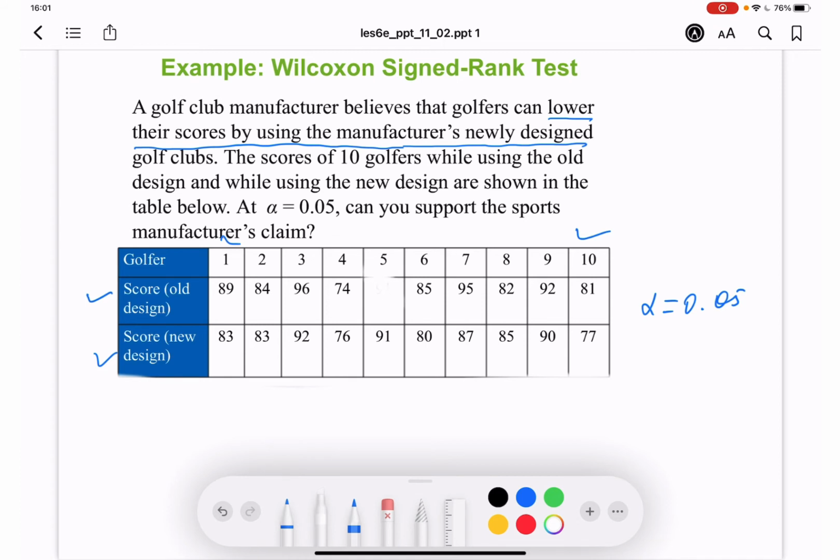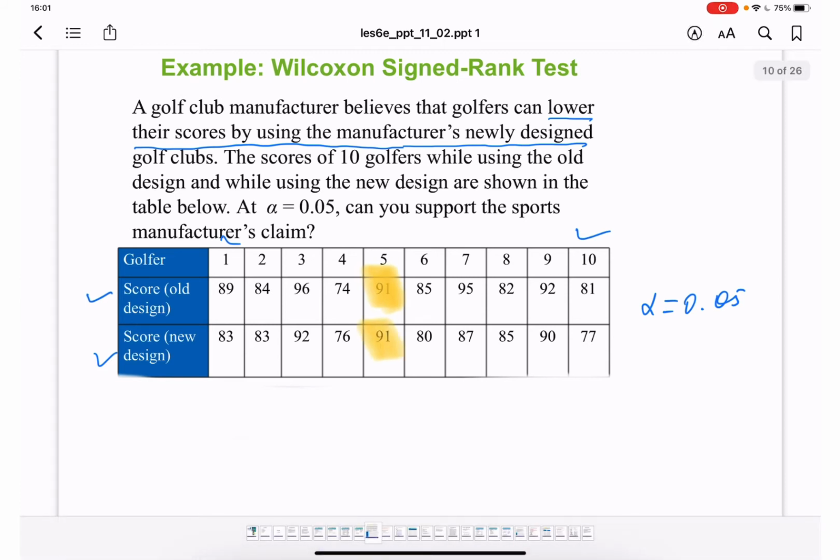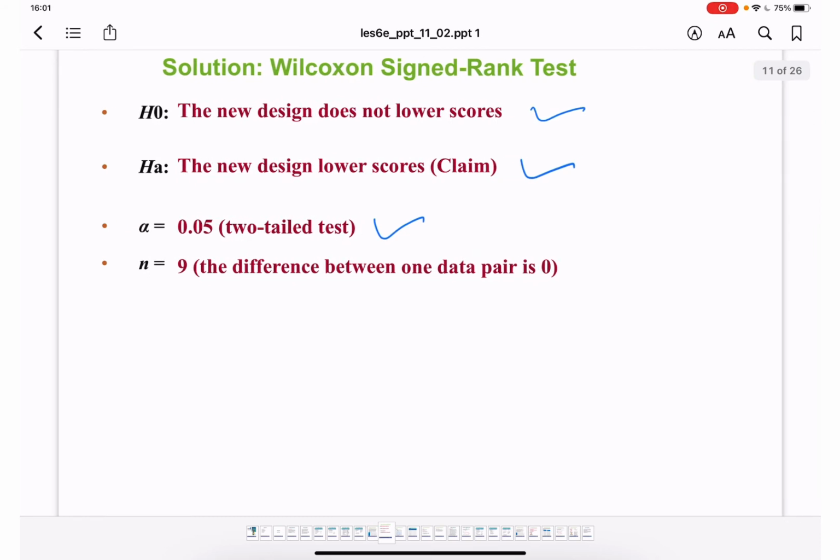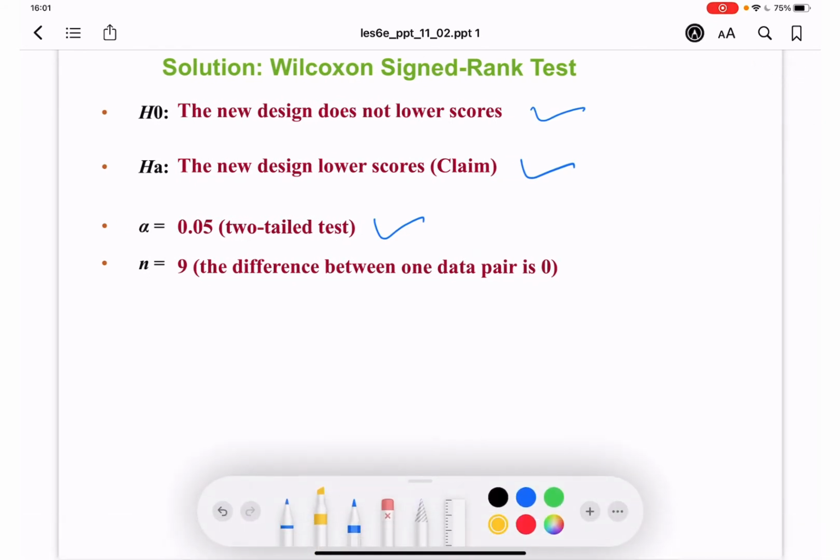Here we have 91 and 91, so we don't count when the difference is 0, since it's identical, which means no reaction. Since it's the same, no reaction, it makes no sense to count it. Therefore, we have 9 instead of 10. Makes sense? At least it does make sense to me.